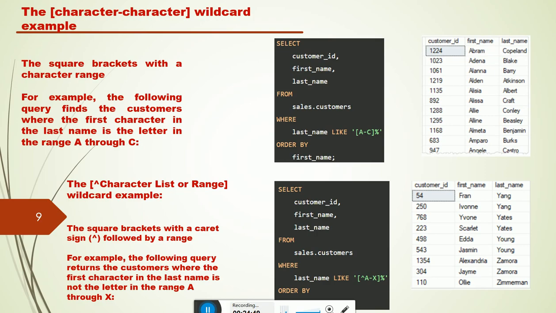You can specify the range of characters using the LIKE operator in square brackets: character hyphen character, or caret sign then character hyphen character. Okay, now we will move to the next slide.